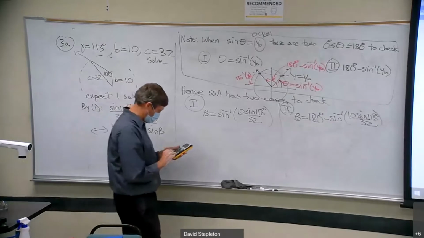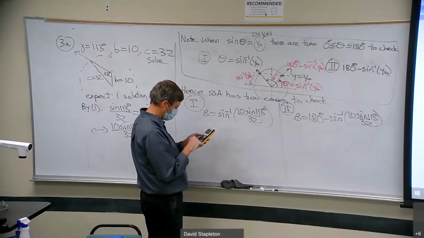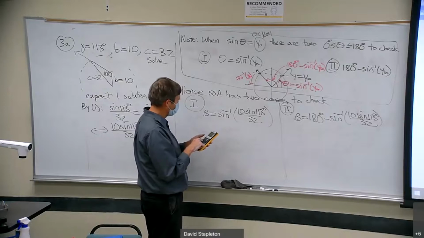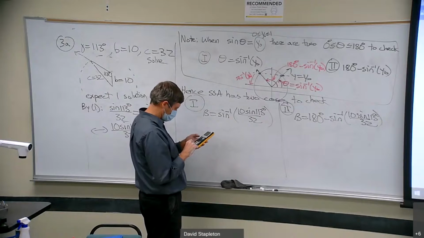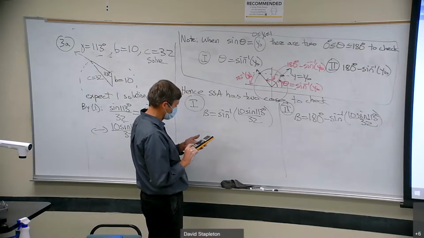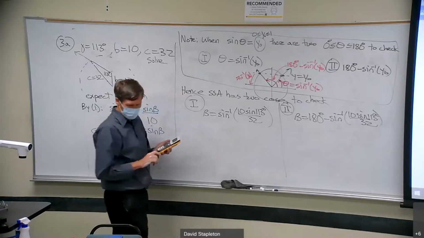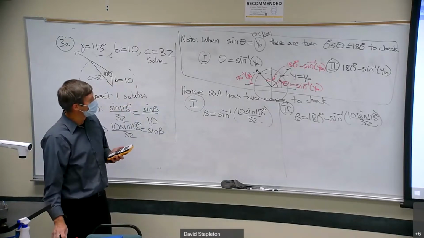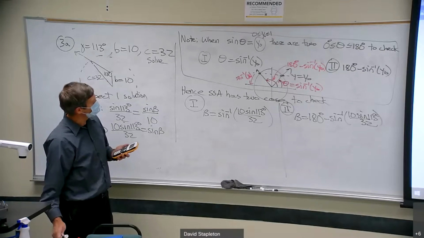Let's see, again, making sure it's in degrees, the arc sine times sine 113 closed divided by 32 closed. And I got 16.7. Let's round it to the nearest tenth.